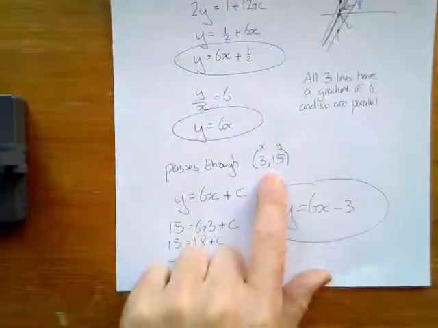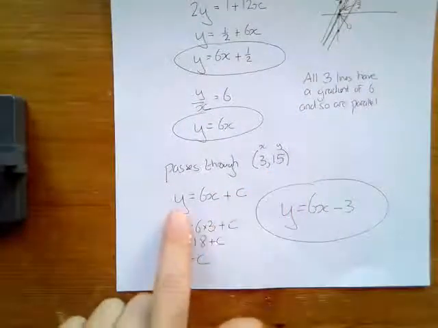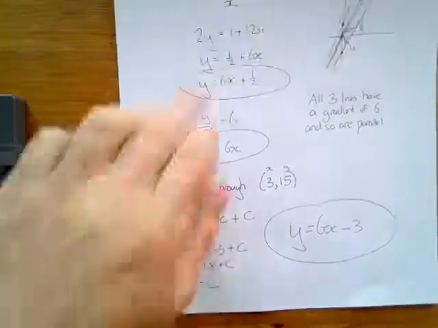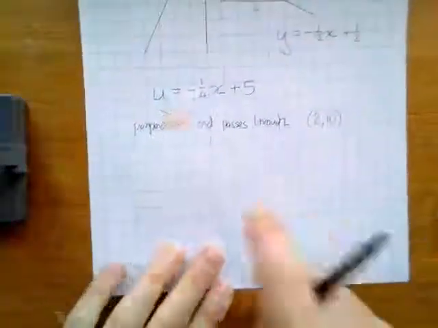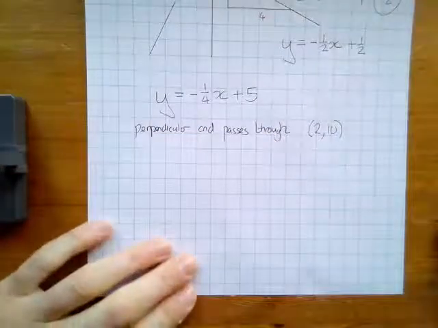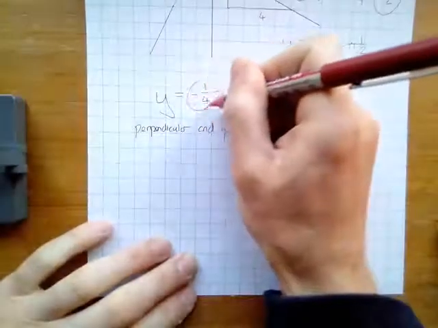It's a very similar technique to what I did before. I had one that passes through 3, 15, and I started by writing y equals 6x plus c, because I wanted it to be parallel to the other 3 lines. Well, this time, I want a line that is perpendicular to this line. In other words, I'm not going to use this gradient.